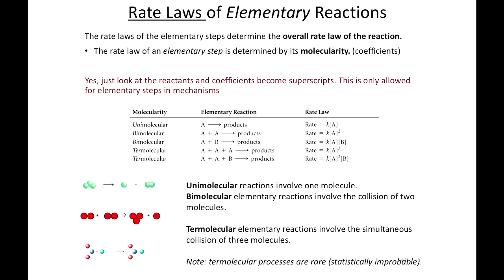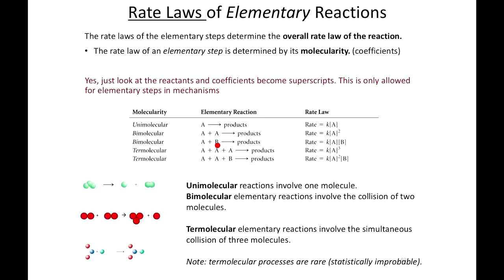So here are some examples. If I have a step that just has A as a reactant, the rate law for this step is just A to the 1. If I have an elementary step that combines two A atoms, the rate law for that step is A squared.